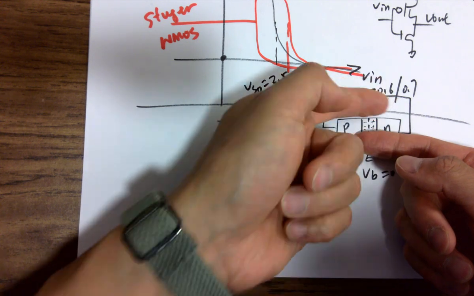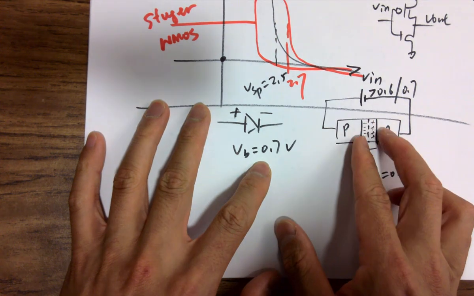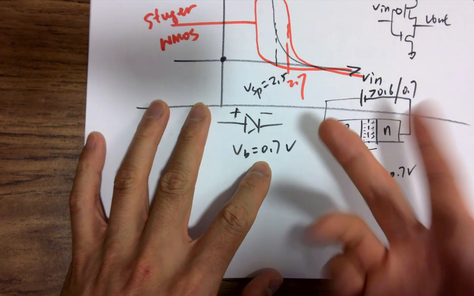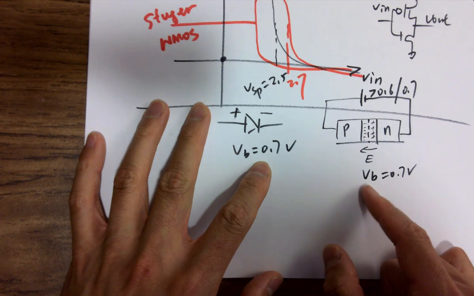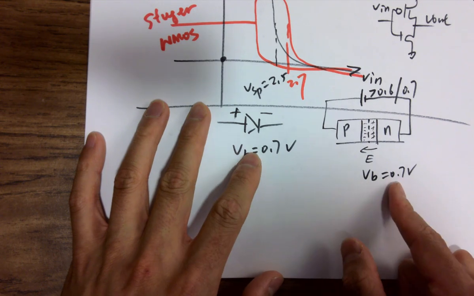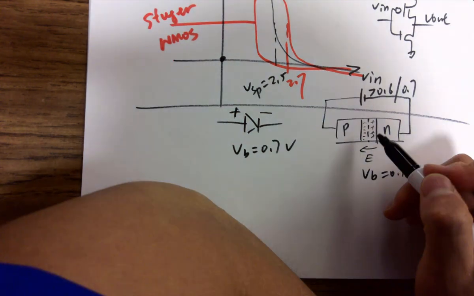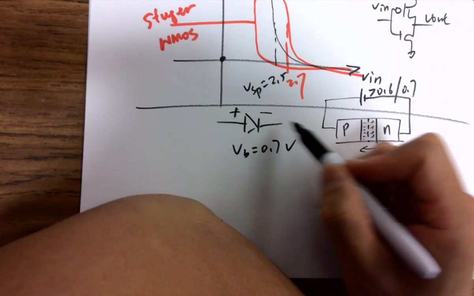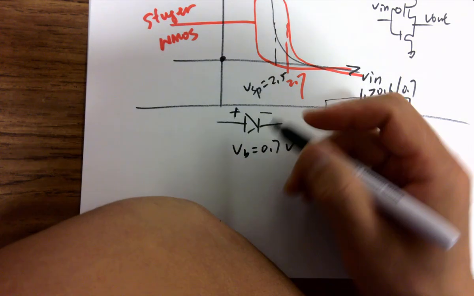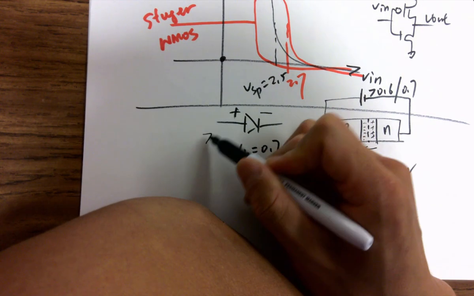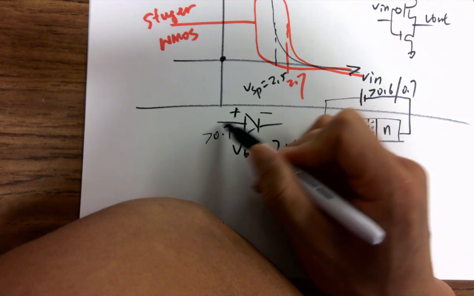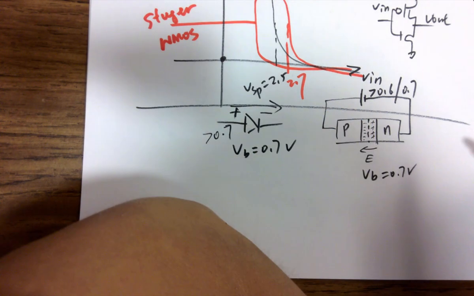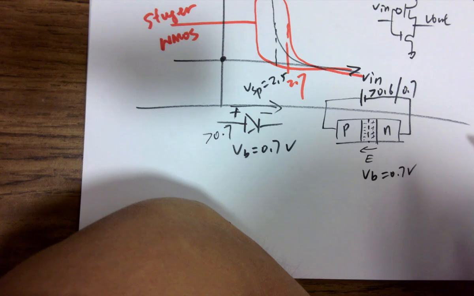So that voltage to invert it is going to be 0.7 volts. So in order to turn on this diode, this needs to be larger than 0.7 volts in order to run current in this direction. Does that make sense?